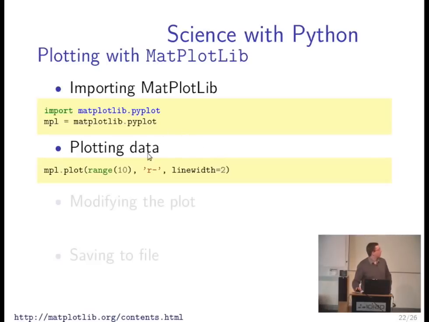And for this first example, we just plot the range 10. We just saw the range keyword, which means the values from 0 to 9, with a red line with line width 2. So these parameters are basically the same as you would use in MATLAB.